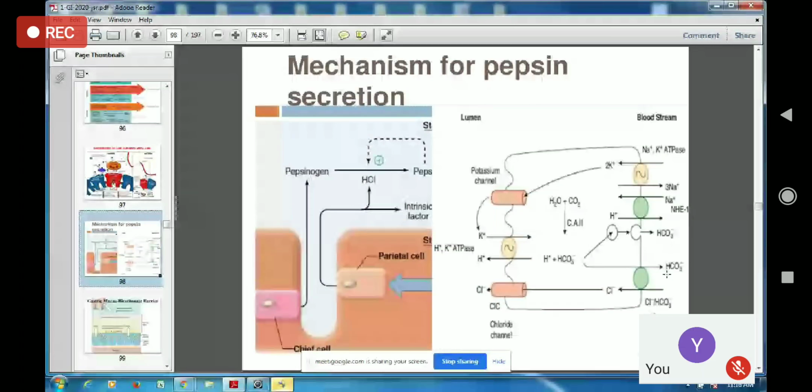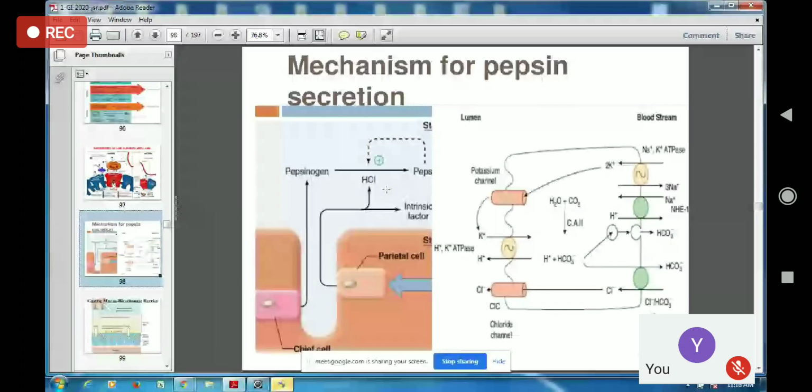This is a very common question in your exams and a favorite of your examiners. So I hope you followed this picture, the right hand side of this slide. And then on the left hand side, this is regarding pepsinogen. Pepsinogen is the inactive form. It gets activated into pepsin, the active form, in the lumen of the stomach with the help of HCl.